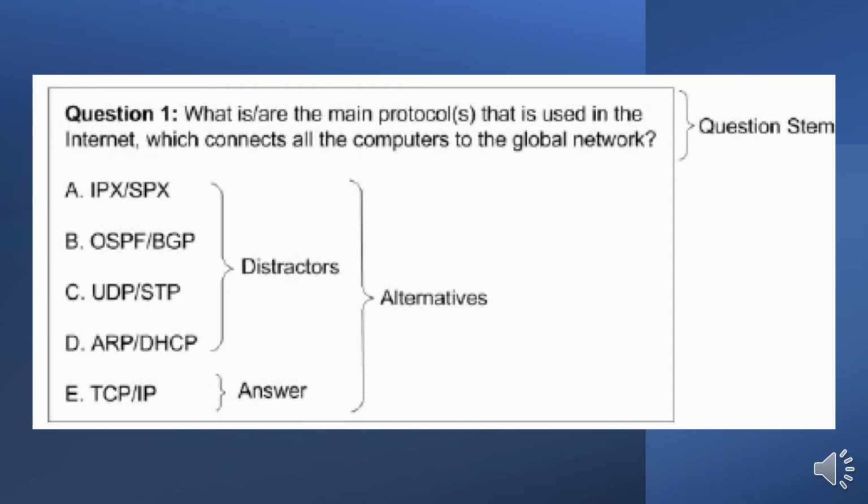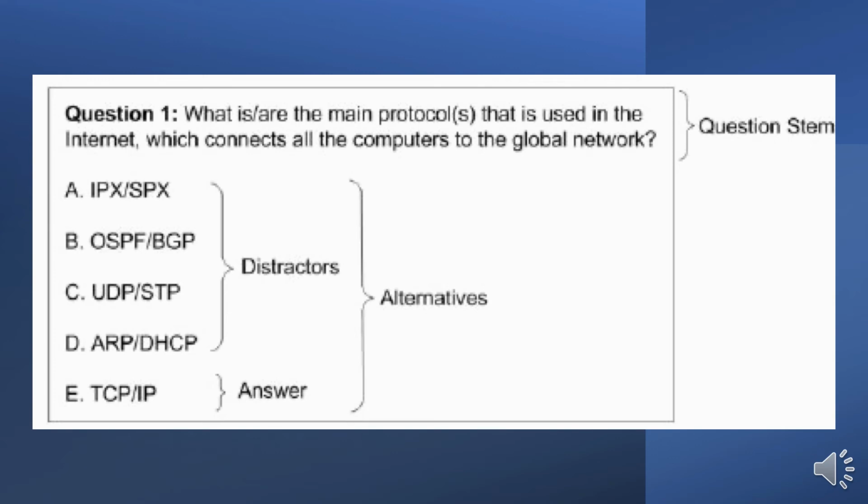So when you look at all these options here, they are all like what is used in internet. But remember, the answer is the main that is used in the internet. So if others are not main, only one is main, but others are there to distract you because they are not main.